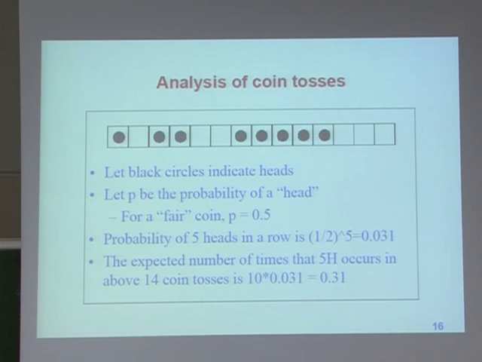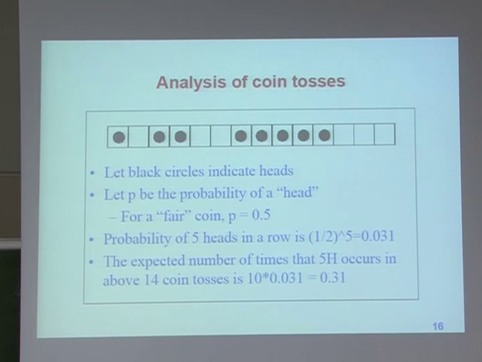That's a low probability. The first comes heads, the second also heads, the third, fourth, and fifth also heads. So 1 over 2 times 1 over 2 times 1 over 2, and so on. This is 1 over 2 to the power 5, approximately 3 in 100. It's a 3% chance you can get 5 heads in a row.